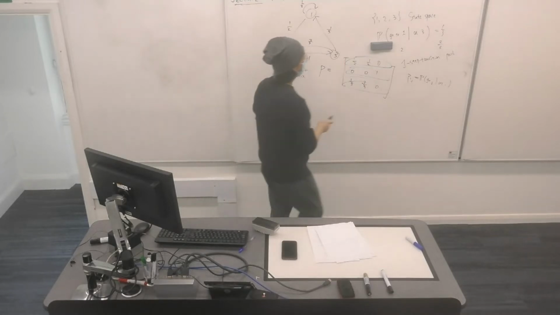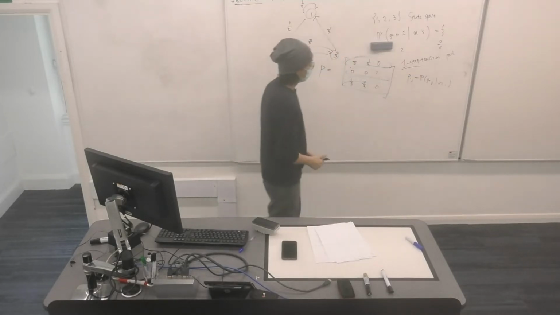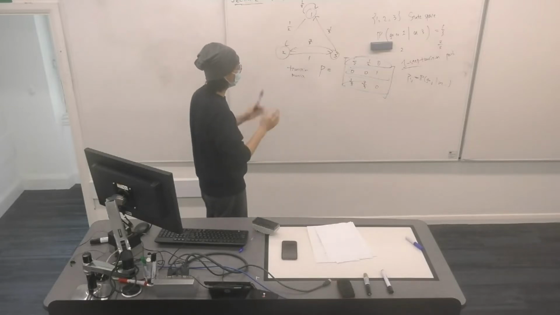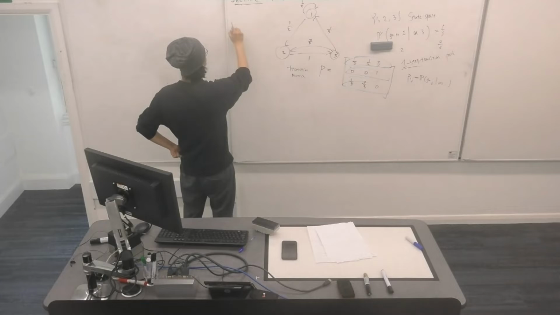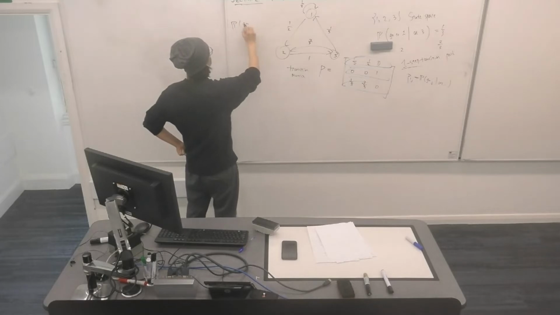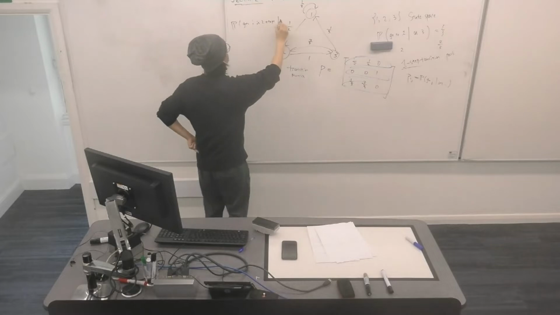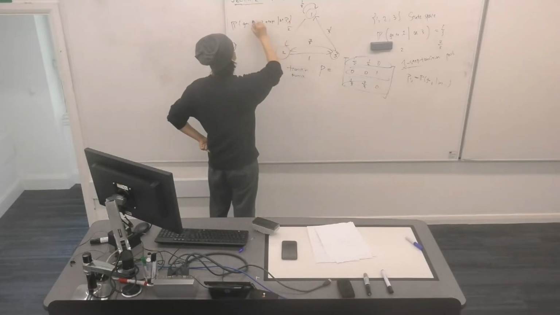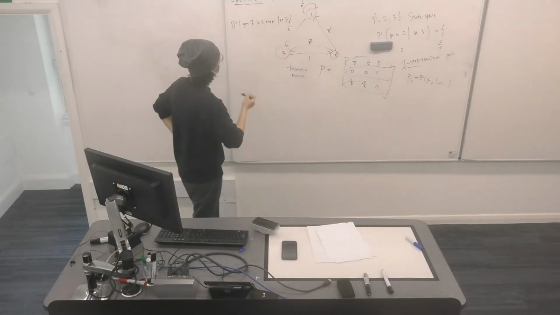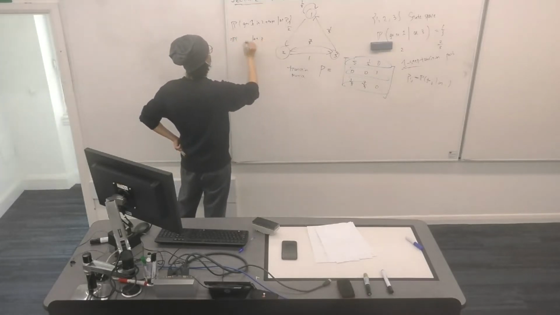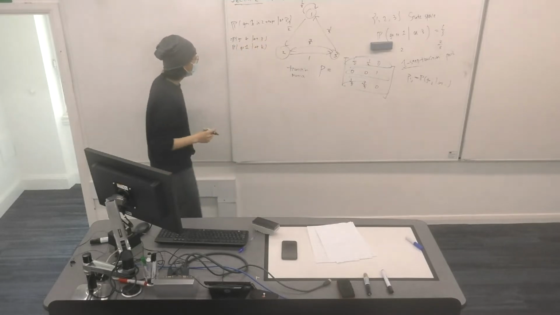Now I said that it's a one-step transition probability. So what about two steps? What exactly does it mean to do a two-step transition? It means the probability of, let's say, going to 1 in 2 steps, conditioned on being at 3. So it means the probability of going from 3 to k times the probability of going from k to 1.